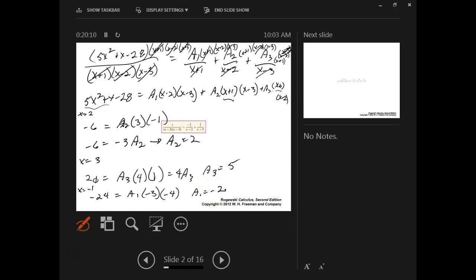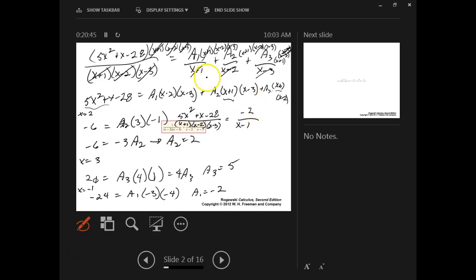Okay, well, let's see what we got. We got 5x squared plus x minus 28 over x plus 1 times x minus 2 times x minus 3 is equal to our a1, negative 2 over x plus 1, right?